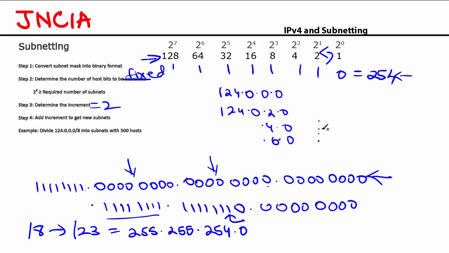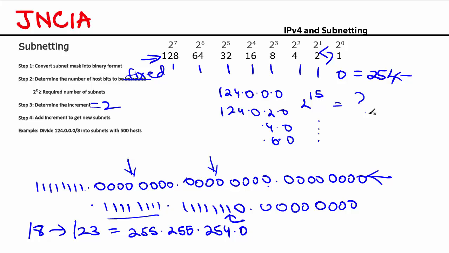How many such new subnets will we get? The original subnet mask was /8, and the new subnet mask is a /23, which means we actually borrowed 15 bits. The total number of new subnets will be 2 power 15, and I don't know what that value is. That must be a huge value.